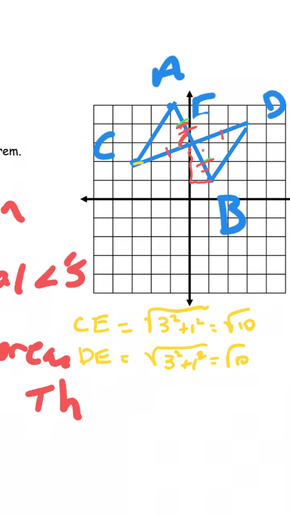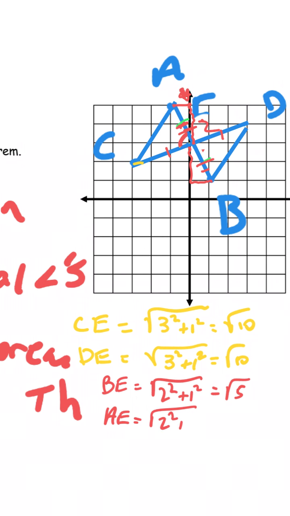BE is equal to the square root of 2 squared plus 1 squared, which is the square root of 5. And then A is 1, and then down 2. So AE is equal to the square root of 2 squared plus 1 squared, which is the square root of 5. So now, by distance, I see that those are congruent.